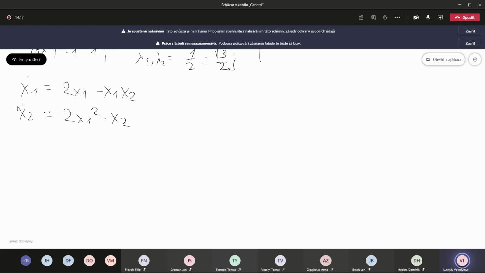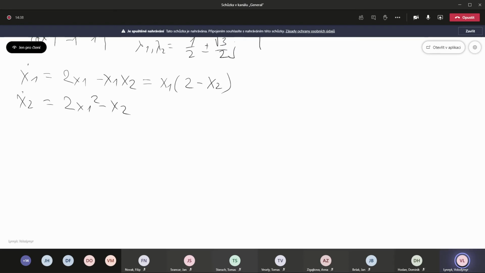You only rewrite this equation in the form x1 times (2 minus x2).